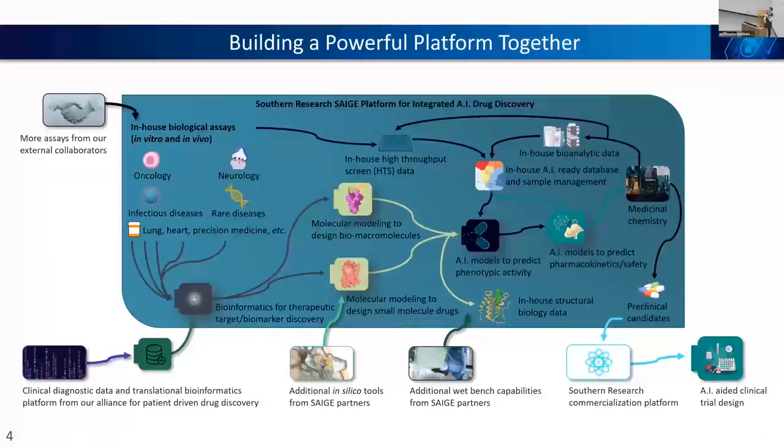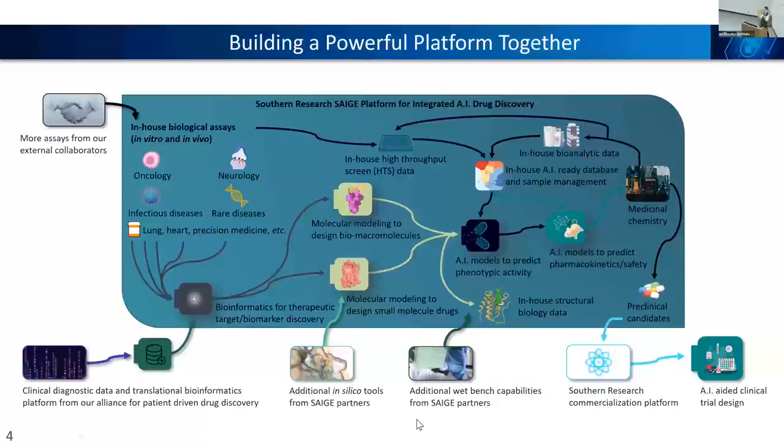Besides our in-house capability, as I mentioned, we also like to reach out to external collaborators to build this drug discovery platform together. For example, for biology assays, we have many collaborators who contribute assays for many different diseases. In terms of bioinformatics or clinical databases, UAB also has many useful resources such as UBright, the pager, and other informatics tools that we hope can have some synergy with our drug discovery platform.